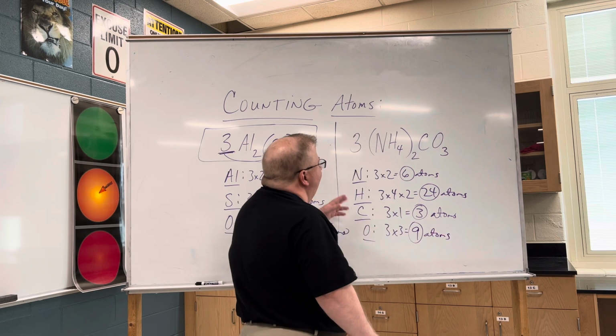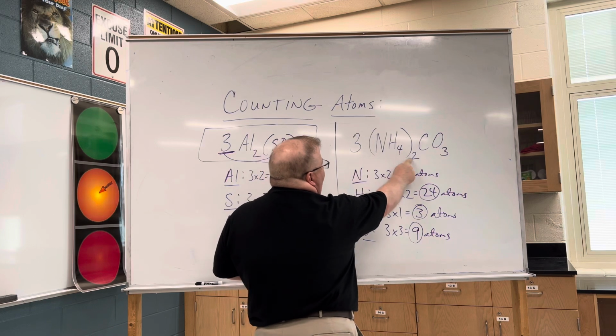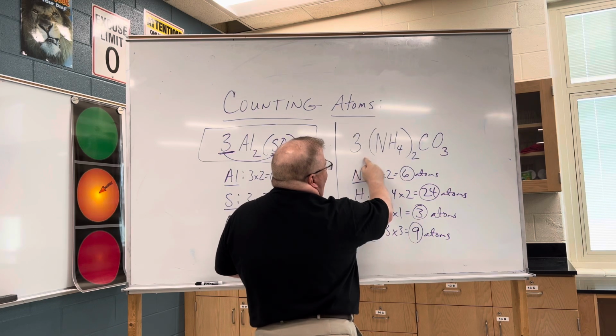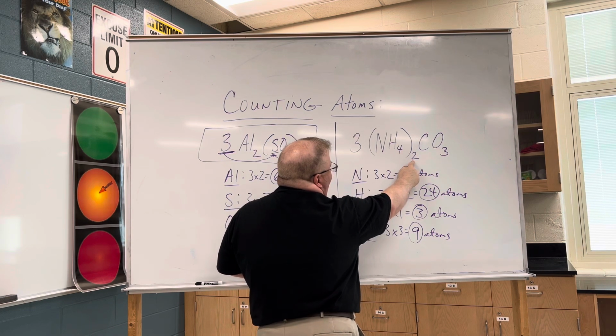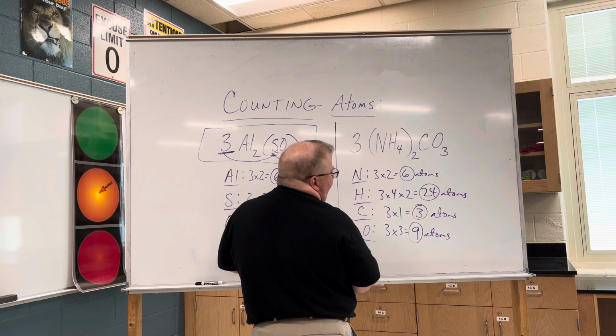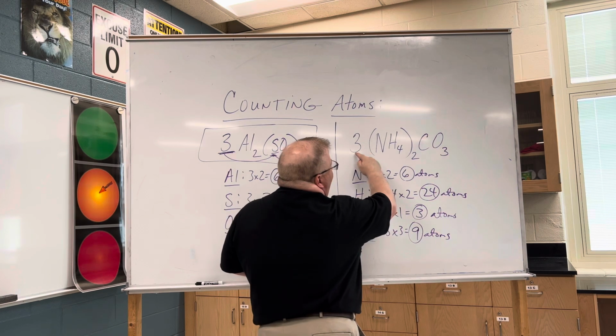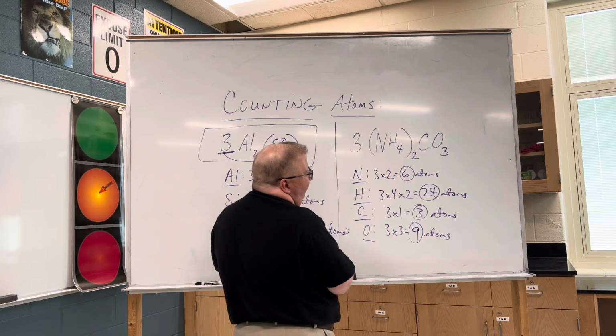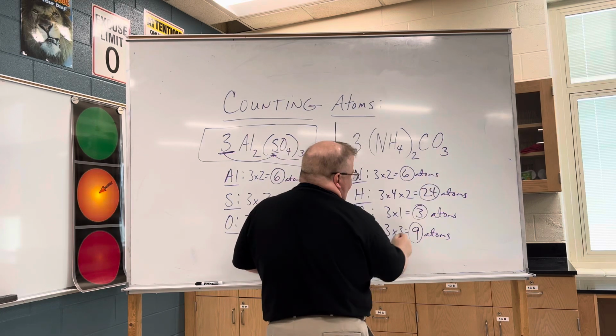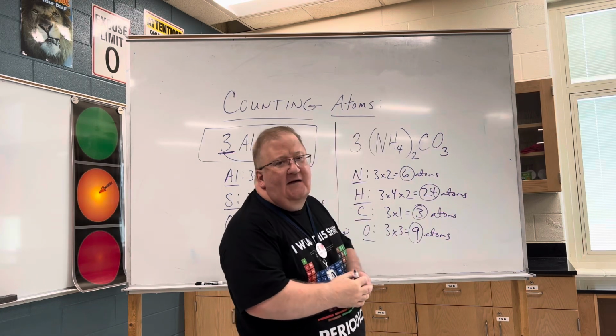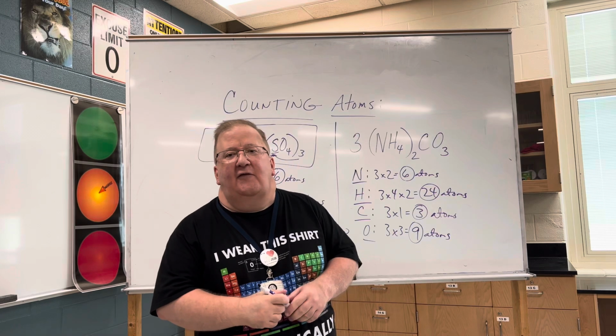So just double check, always double check your work. 3 times 2 is 6 for nitrogen. 3 times 4 times 2 is 24 for hydrogen. Carbon is 3 times 1, which is 3. Oxygen is 3 times 3, which is 9. So that's how you do an atom count for any molecule.